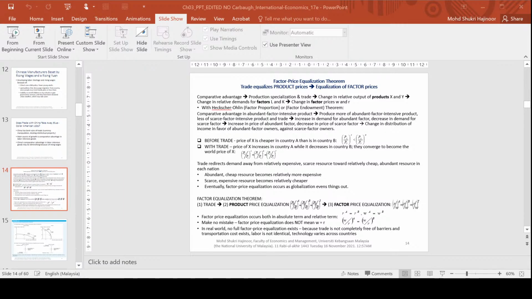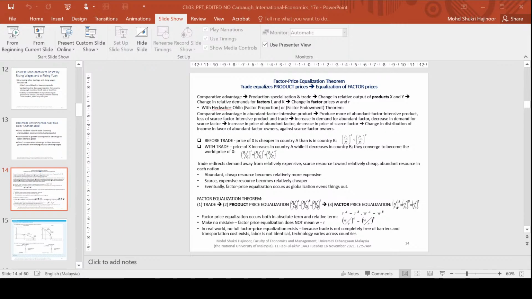We assume K is specific, K for computer, K for steel, while L is mobile across industries, computer and steel. One is specific, K. This analyzes the income distribution effects of trade in the short term when resources are immobile among industries.